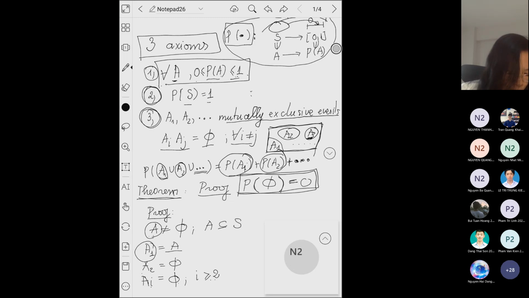First, we consider one event A different from the empty set. Because it's an event, it is a subset of the sample space. Okay, now we choose A1 equal to A, A2 equal to the empty set, or we assign Ai equal to the empty set for all i greater than 2.